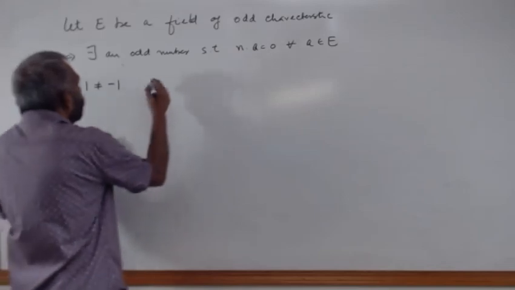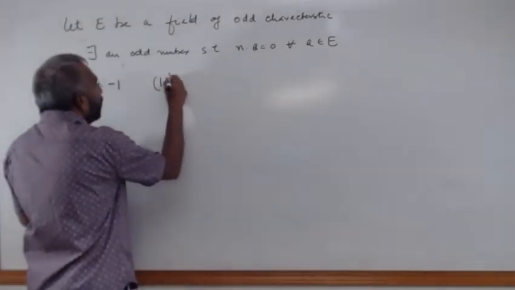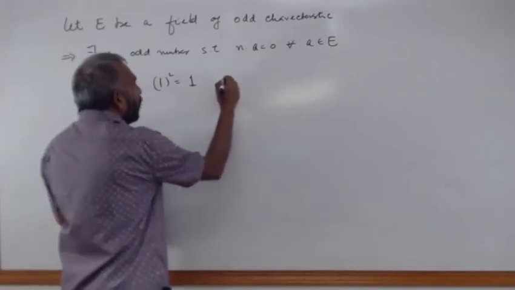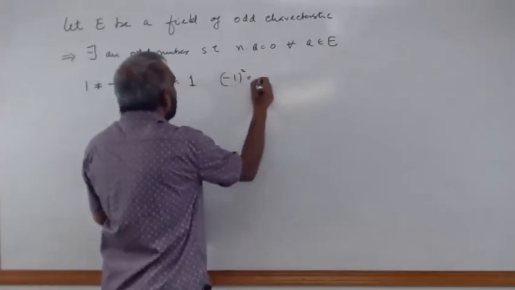But what is 1 squared? 1 times 1, that is always 1. And what is minus 1 whole squared? It is also 1.